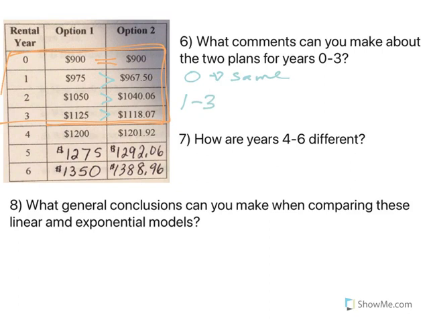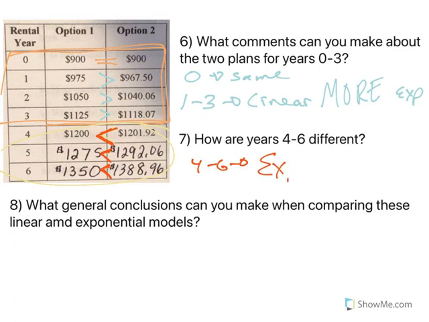And then for years 1 to 3, the linear option is more than the exponential option. So for the first 3 years, you'll pay more if you have option 1. But in years 4 to 6, notice that the exponential is more. So in years 4 to 6, the exponential is more than linear.